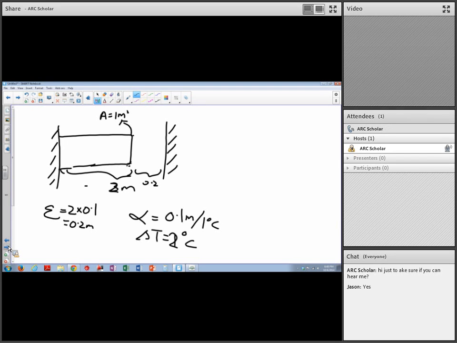That means this bar is going to be elongated all the way here. But the wall is not going to push the bar back because the gap is big enough for the elongation. So there will be no force done by the wall to the bar. That's why first we need to calculate the total elongation.